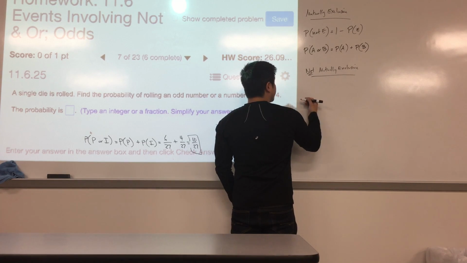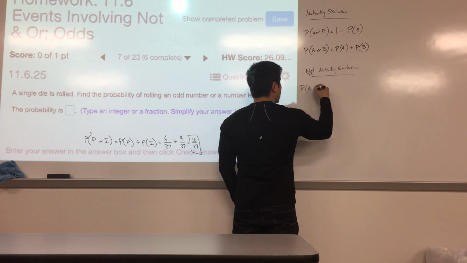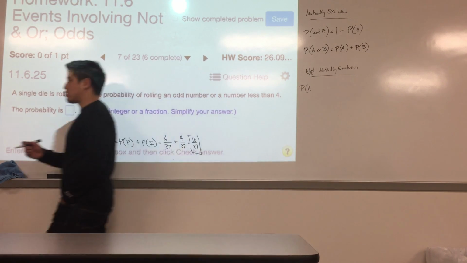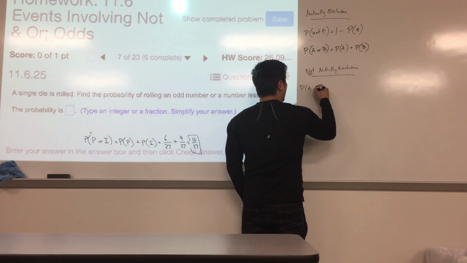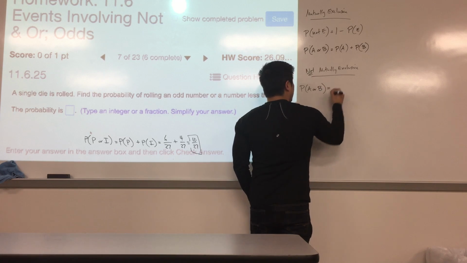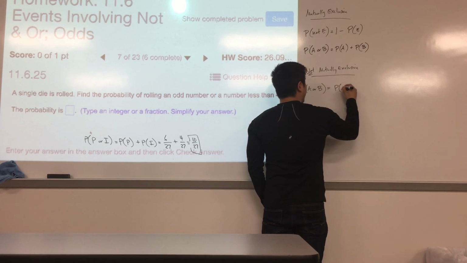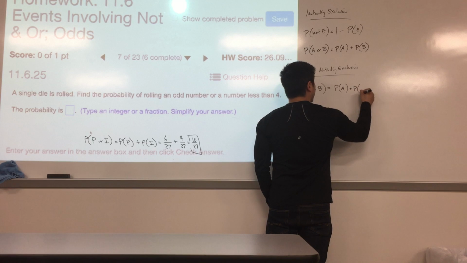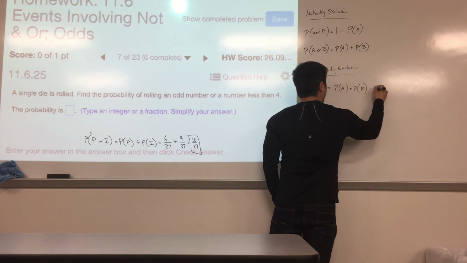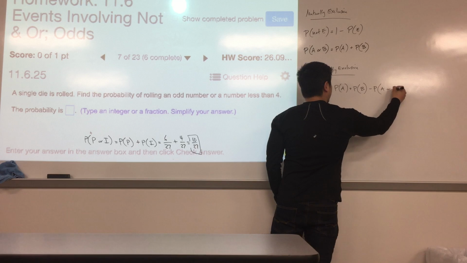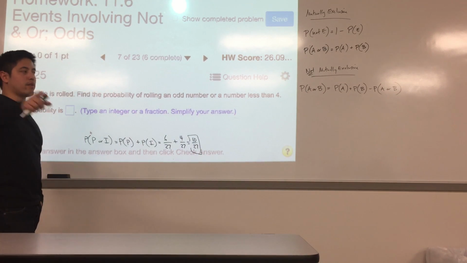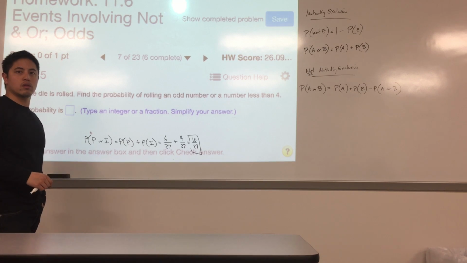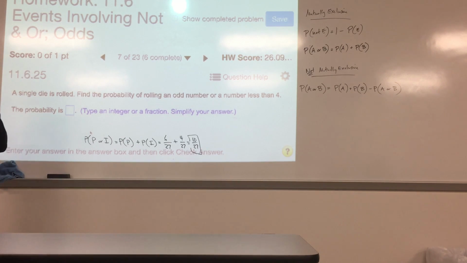So, the probability of A or B is equal to the probability of A plus the probability of B minus the probability of A and B. Okay? Cassie, does that show up on the video, that little corner? Perfect, thank you. All right, let's take a look at this.